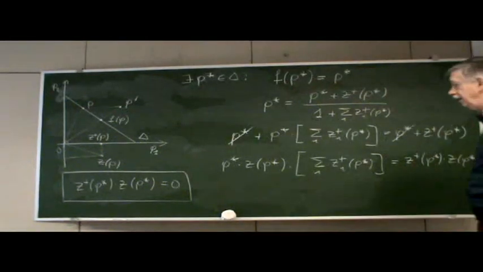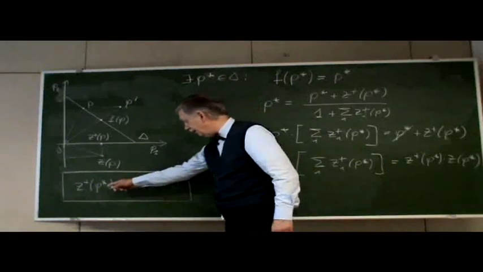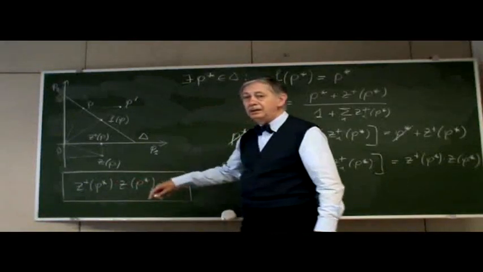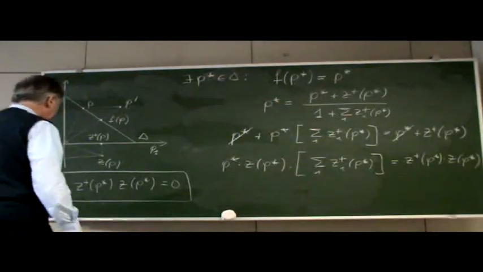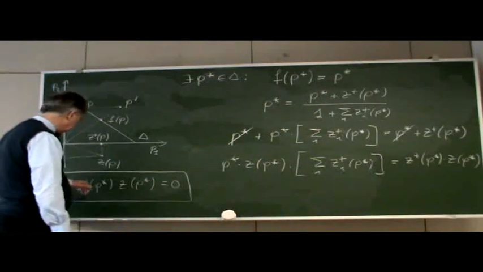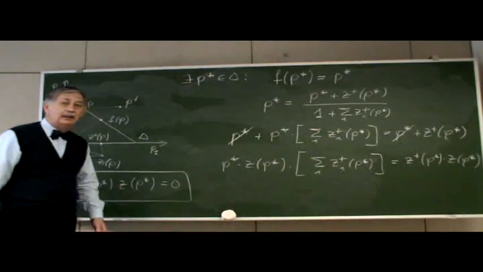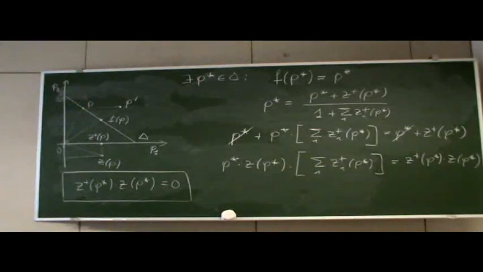Therefore, if the original Z had some positive component, this inner product would be a positive number. Contradiction. And therefore, Z of P star has no positive component. In other terms, Z plus of P star has all null components. Equilibrium, according to our previous definition.